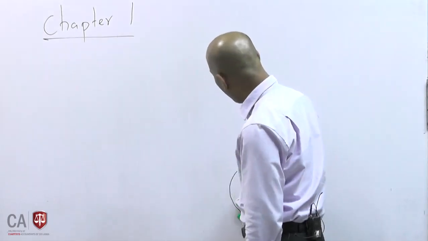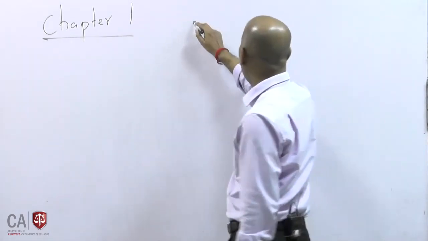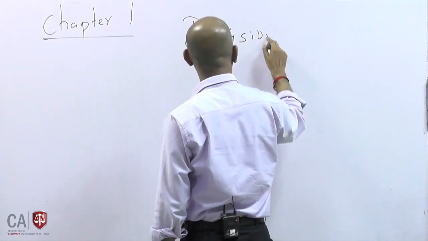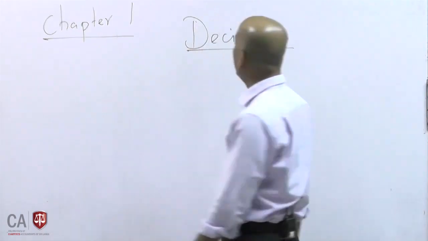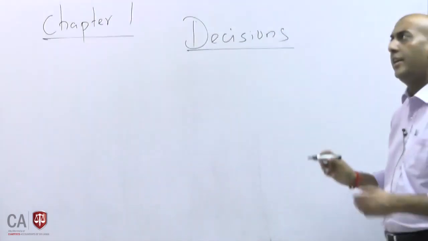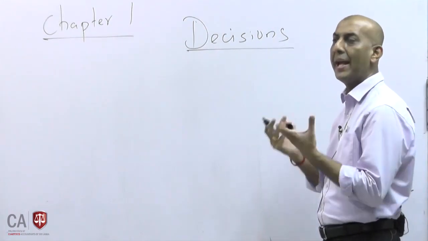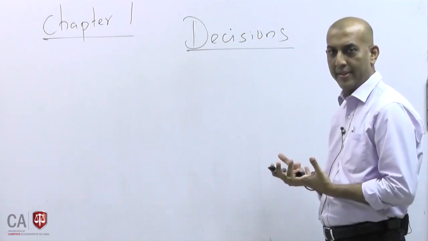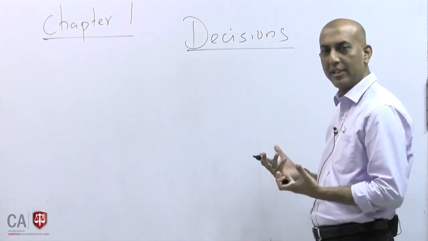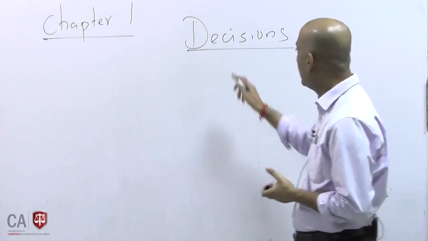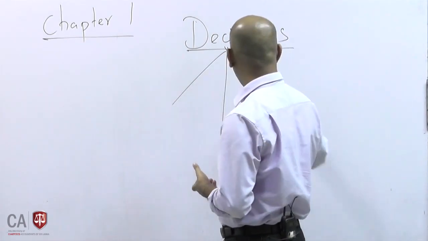Then there are three decisions that the finance function makes in a company. The finance division or finance function makes three decisions. What are these three decisions?